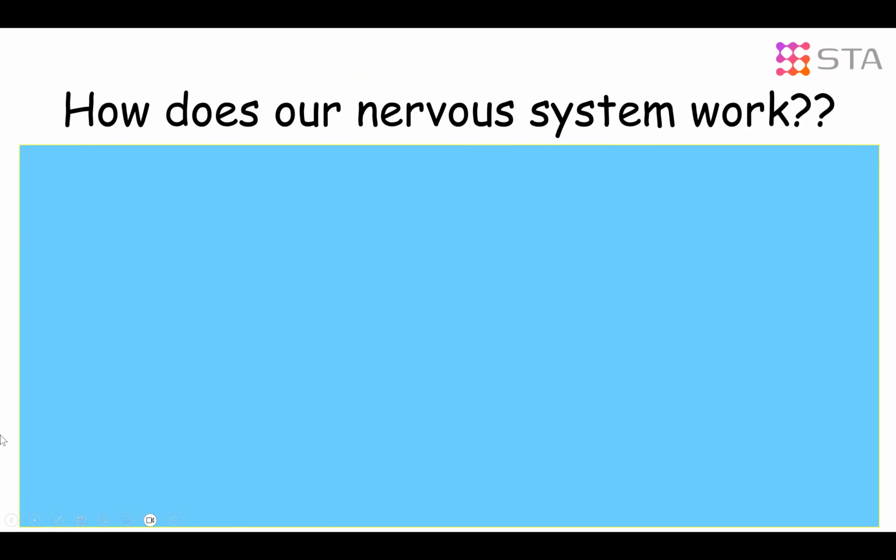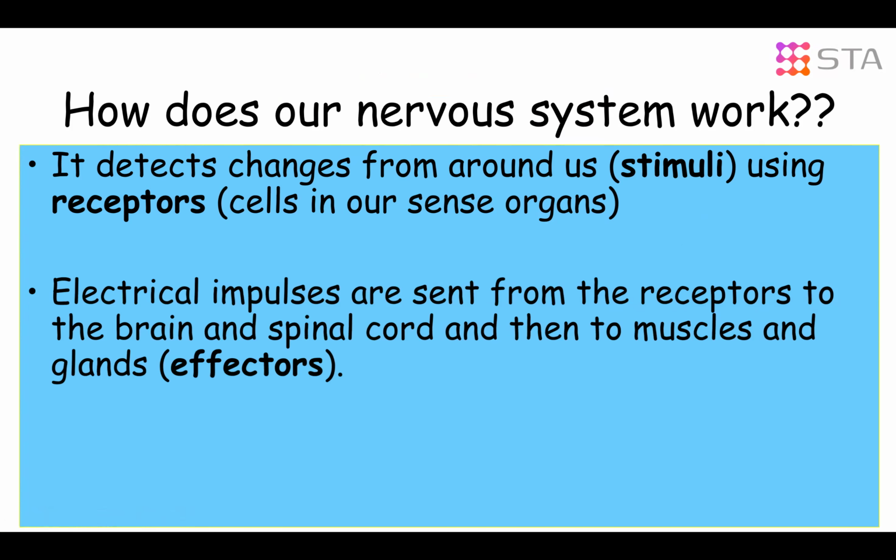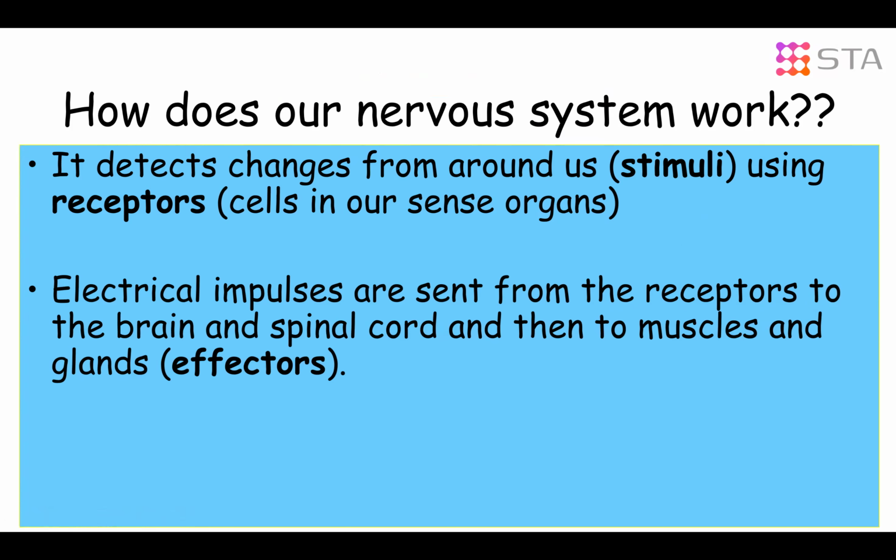And next, this is a written piece on how the nervous system works. And by all means, pause and make notes. It detects changes around us called stimuli using receptors, which are cells in our sense organs. The electrical impulses are sent from the receptors to the brain and spinal cord, and then to muscles and glands called effectors.